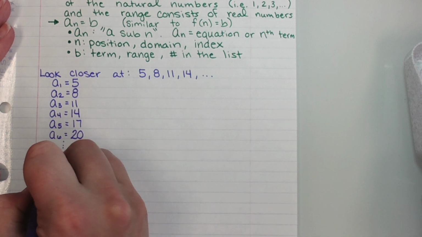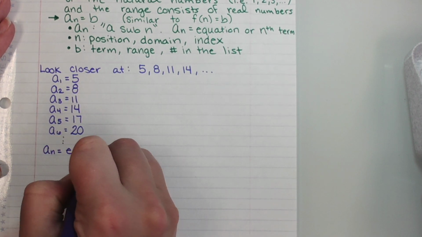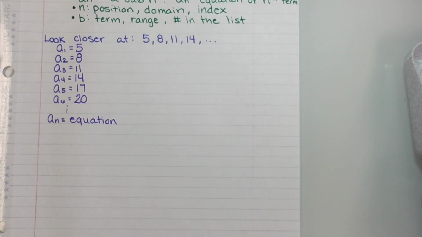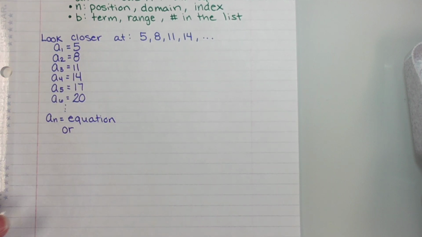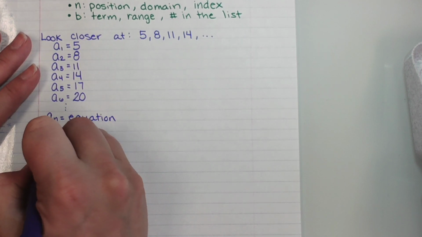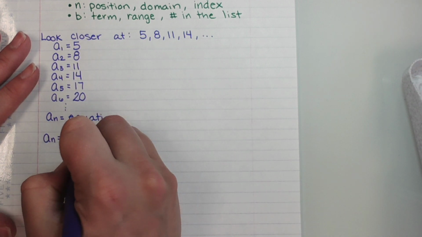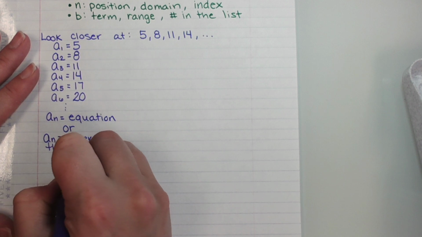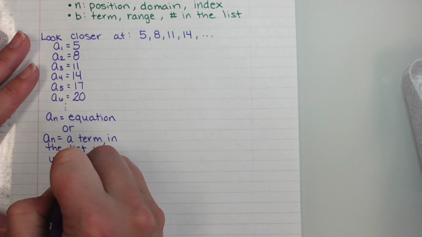Eventually, we don't want to keep going on forever, though, so we get to our a sub n, and again, a sub n will, generally speaking, be equal to one of two things. It'll be equal to the equation, which we're not going to deal with the equations today, but we need to know that. Or the other situation where you'll be given an a sub n is equal to a term in the list with unknown position.